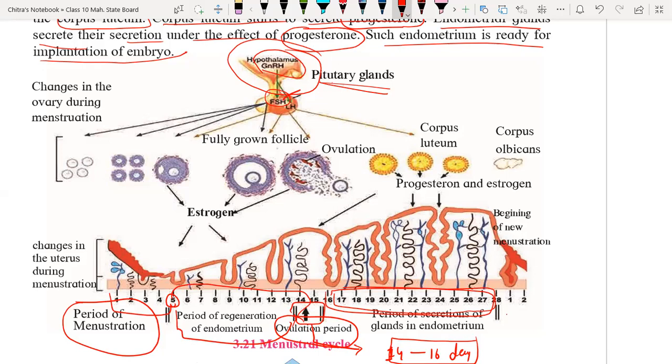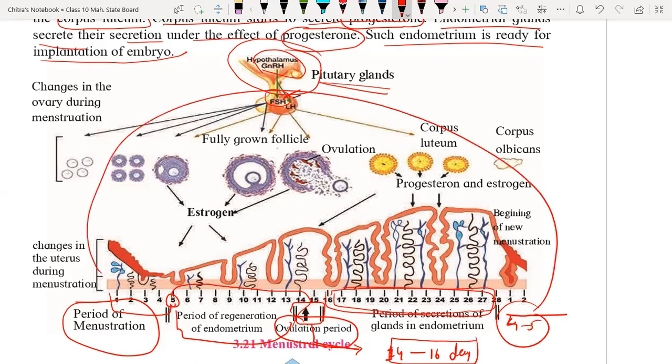It lasts for 1 to 5 days, sometimes 4 to 5 days, and this is called the period of menstruation. So the cycle completes and is repeated again and again within a period of 28 to 35 days. This particular period is called the menstrual cycle.